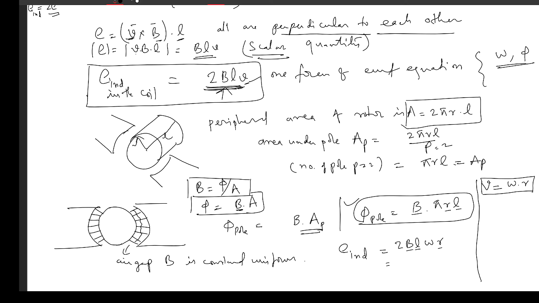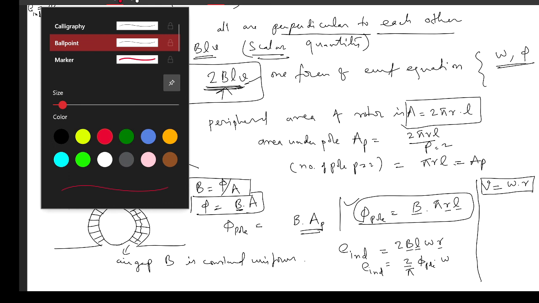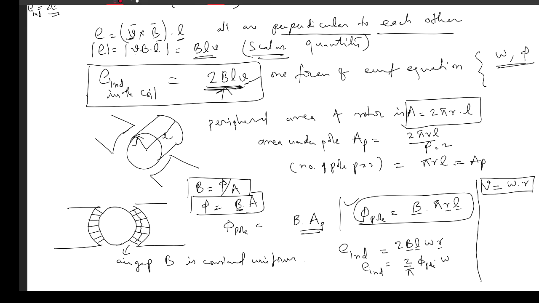So I will be getting 2 by pi into phi per pole into omega. Is it right? Say yes. Respond. So this is the other form of the EMF equation.